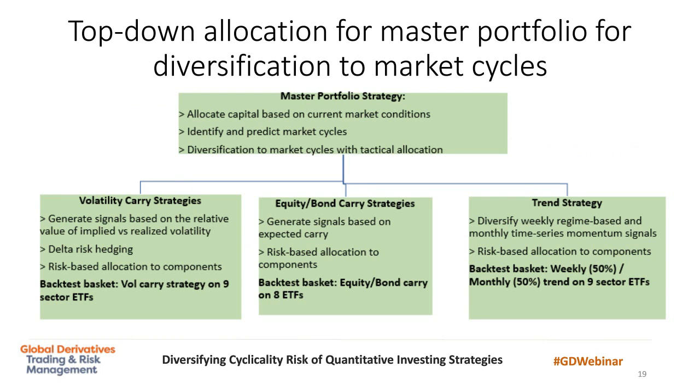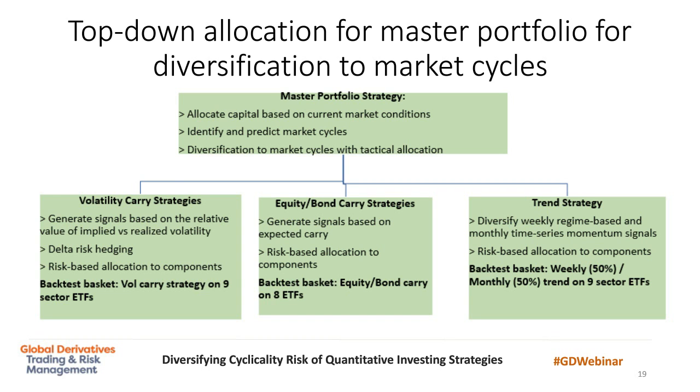So now we have a master portfolio. In this particular example, I wanted to show how to construct this type of master portfolio. On the bottom, we are going to have three strategies.